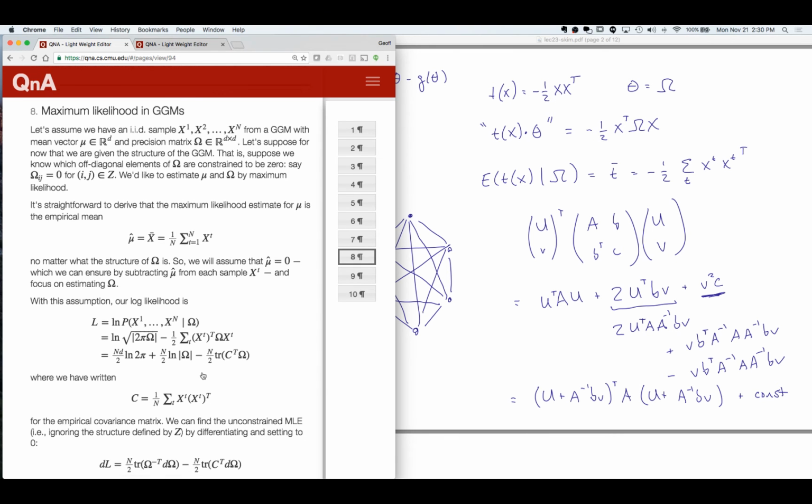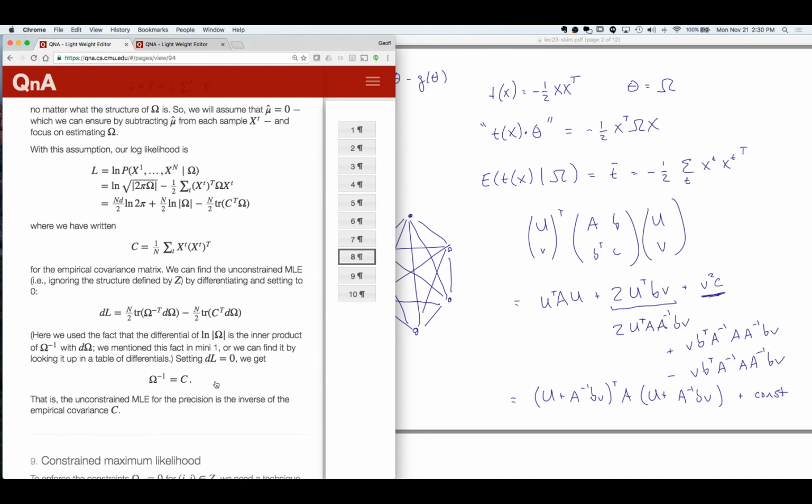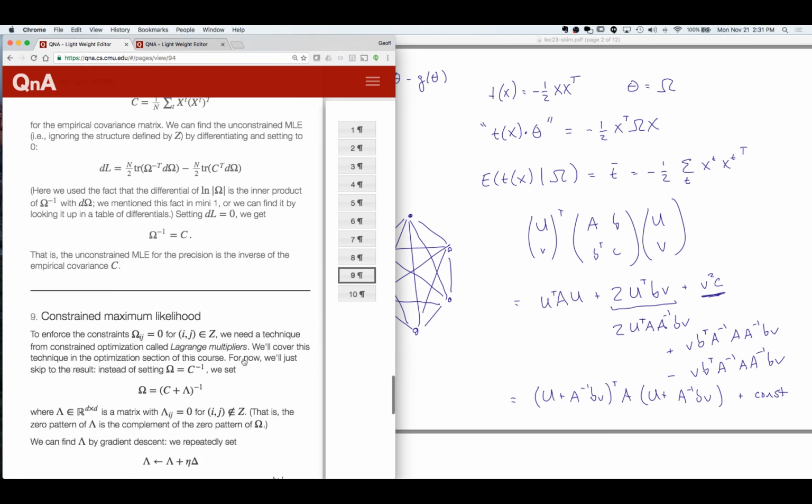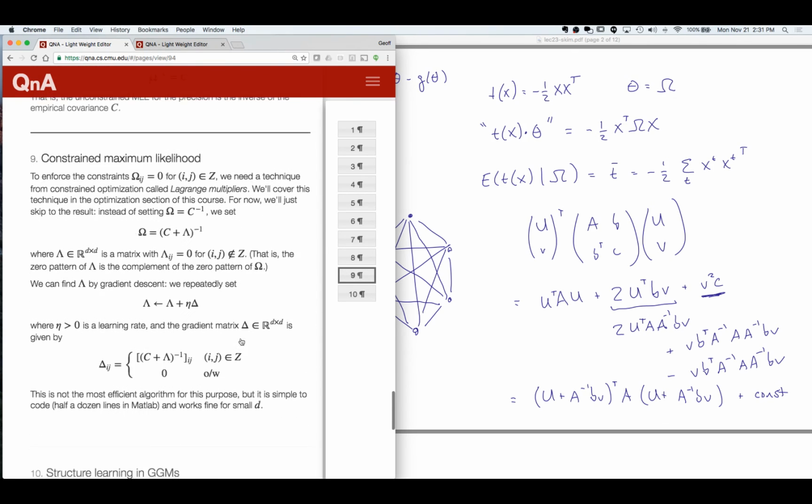There are two cases which we ask you about, both of them in the Q&A. One of them is unconstrained, where you don't constrain any of the elements to 0, which is omega inverse is just C, so the precision is the inverse of the covariance. And the other is constrained, which is this algorithm right here.